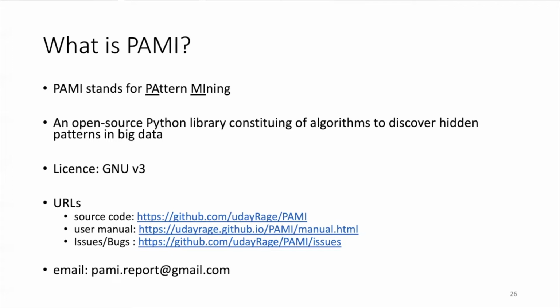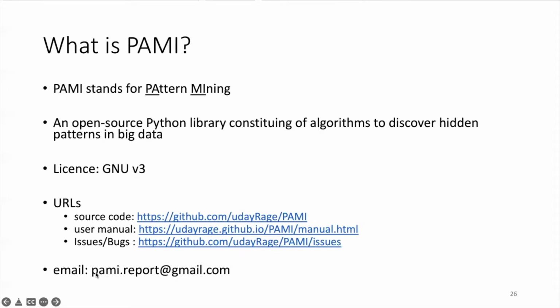We are distributing this open source Python library under the GNU version 3 license. The source code of this PAMI software is available at my GitHub. The user manual is also available, followed by bugs and issues. If you identify any bugs, please feel free to report them in the GitHub.